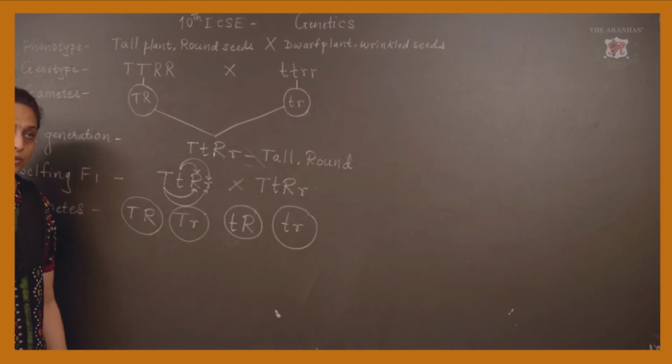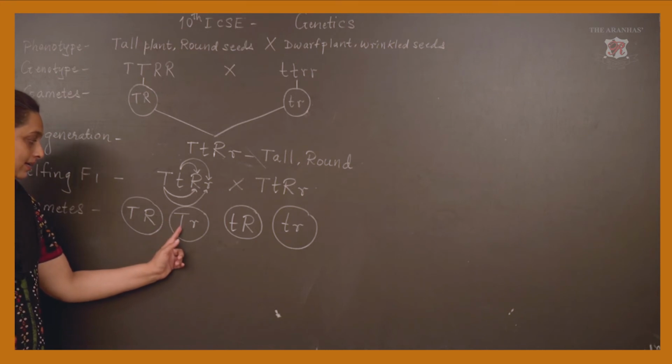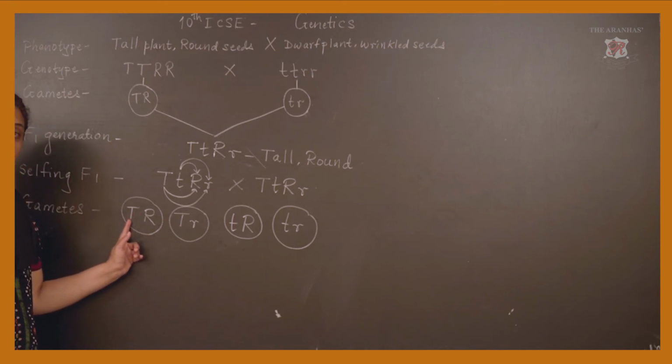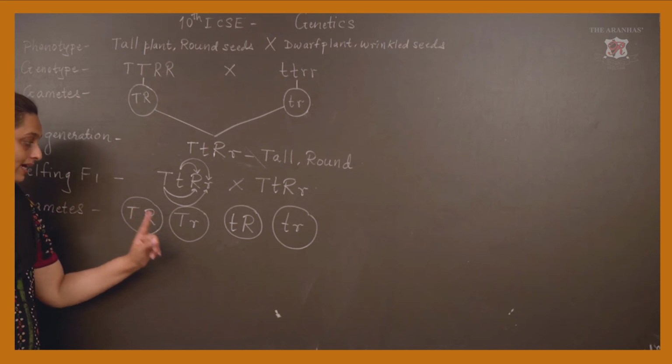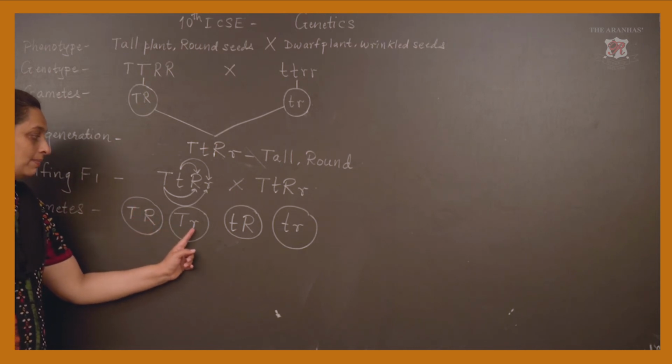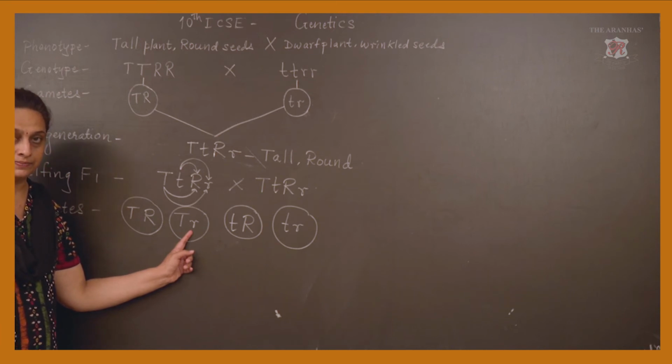Okay, now have a look at the board again. See what I have done. With tall character, I have considered both the combinations, that is tall going with character round, and second time tall combining with wrinkled, that is small r.